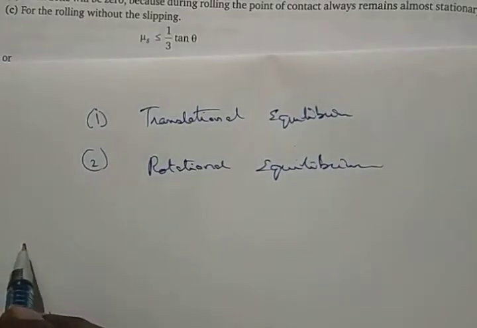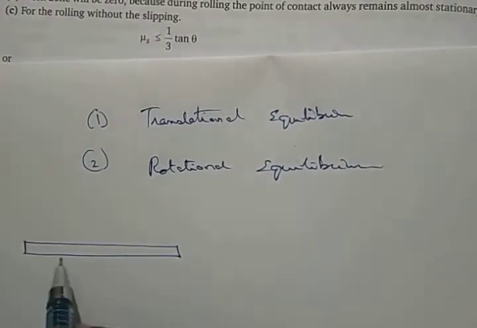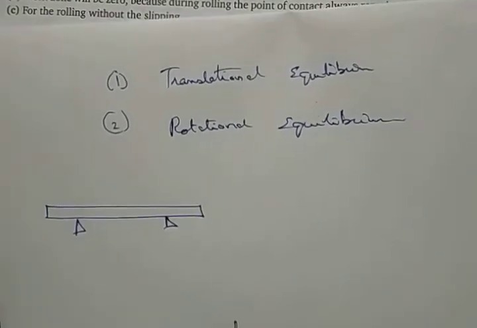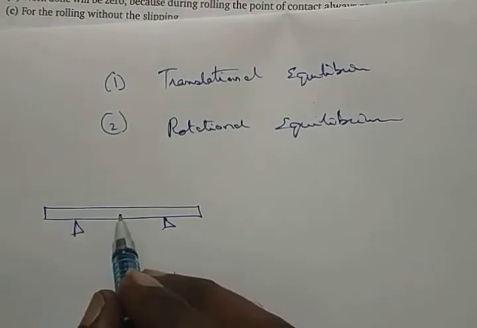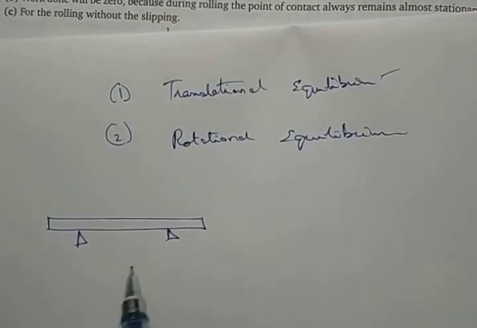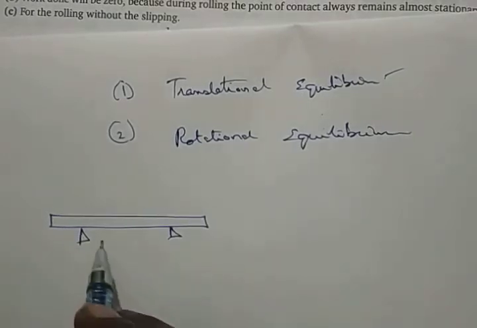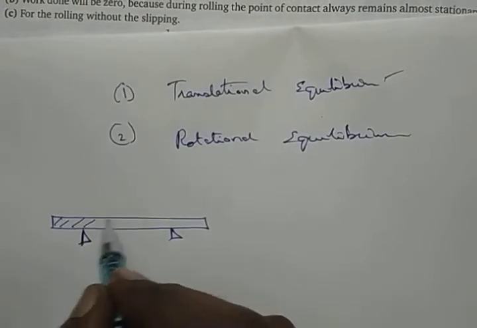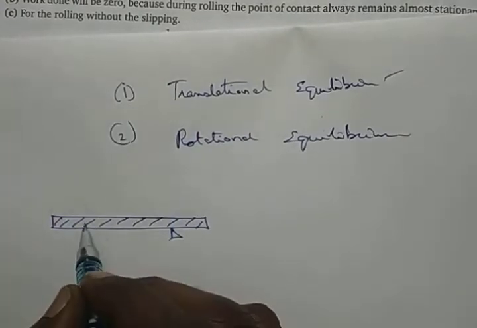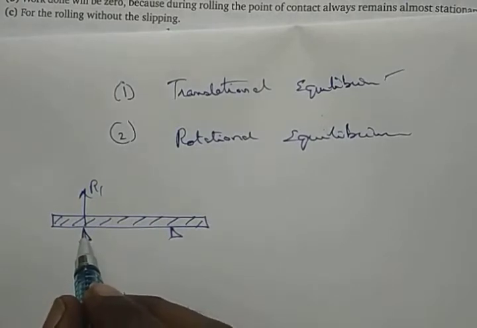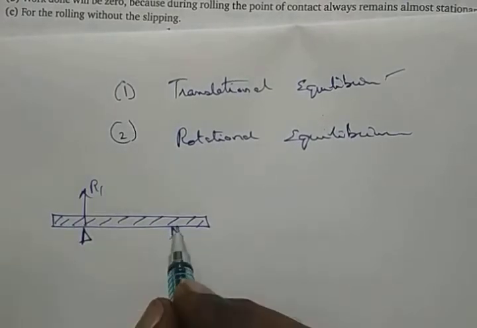Okay, suppose you have a scale like this and there is a wedge like this and it is hanging over it. Now let us consider what is translational equilibrium. Now every force which has been acting on this one you need to take. As soon as you keep the wedge here, the scale is kept here. This wedge will give a reaction R1.